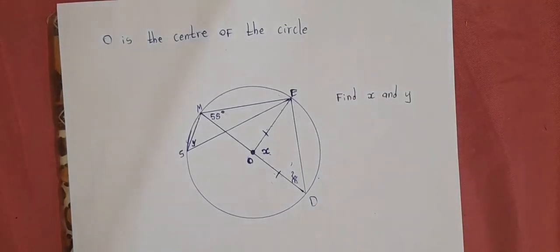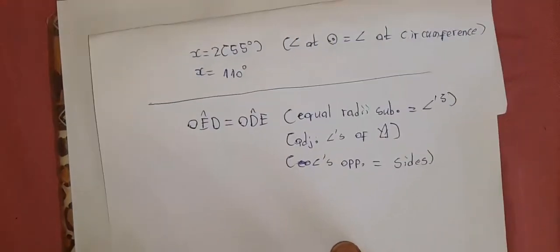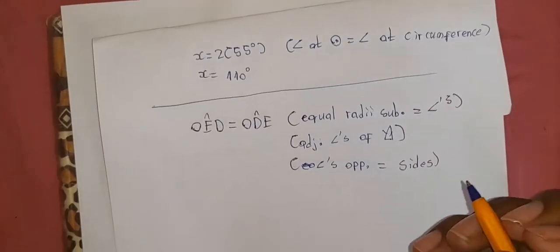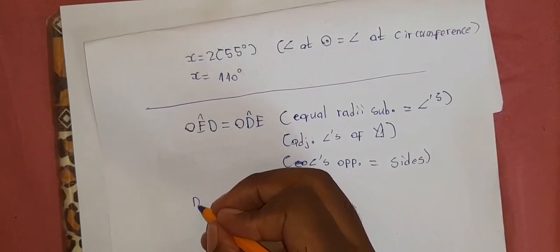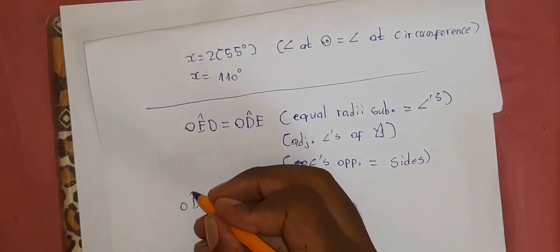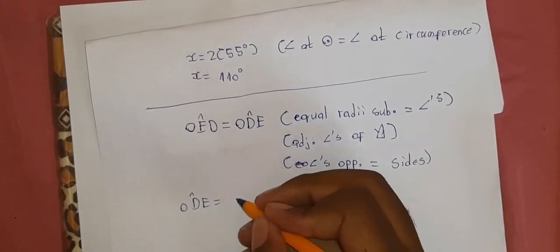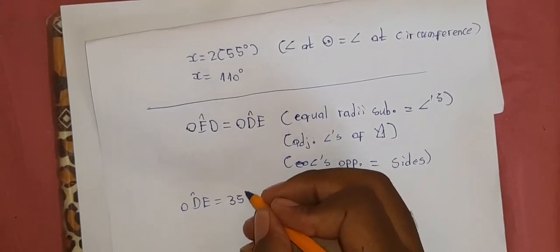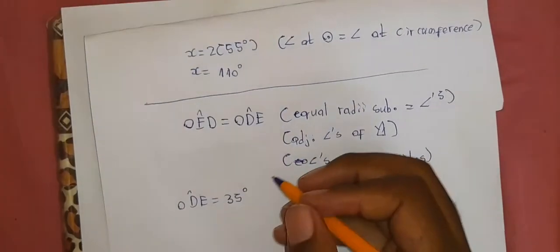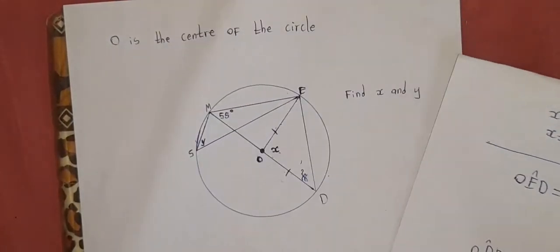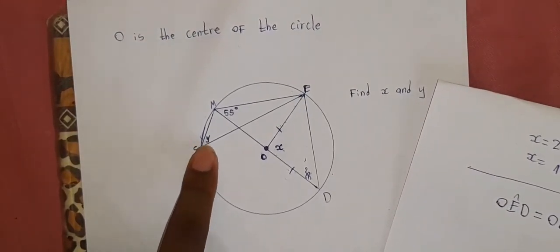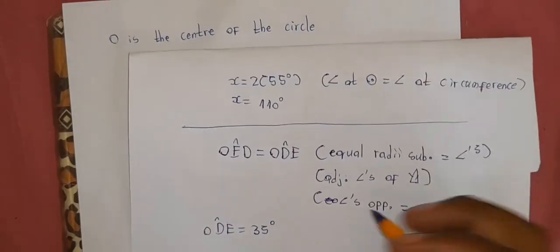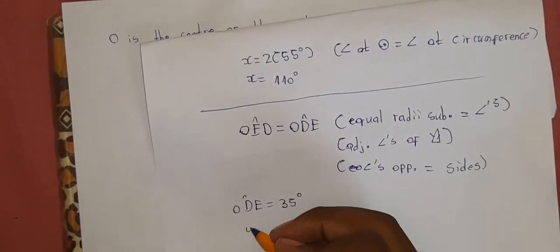So angle ODE is equal to 35 degrees. And we can see angle Y, this angle over here, angle Y is equal to angle D because they are in the same segment.